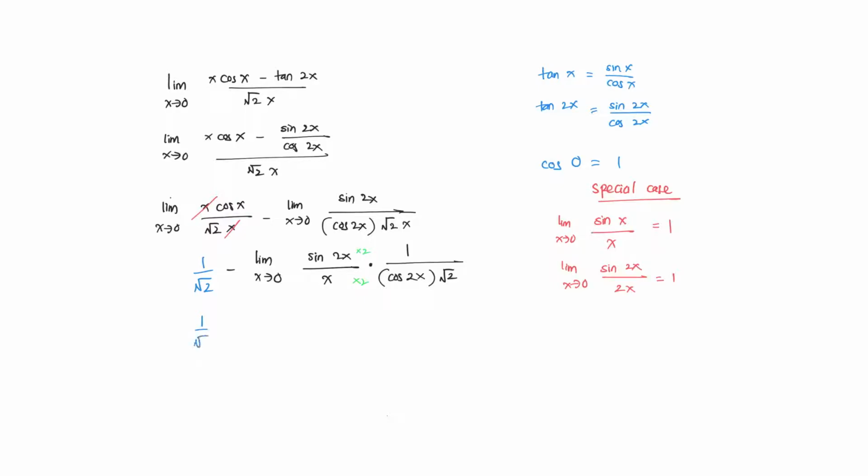So what you will get is the limit as x approaches 0 of 2 sine 2x over 2x, multiplied by, and we can apply the same limit property for multiplication, so this limit applies to both parts, another limit as x approaches 0 of 1 over cos 2x multiplied by sec 2.